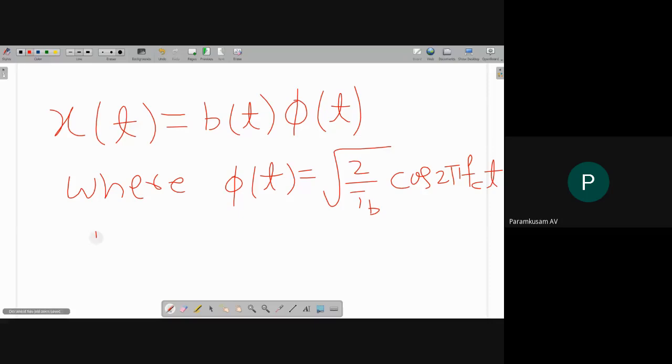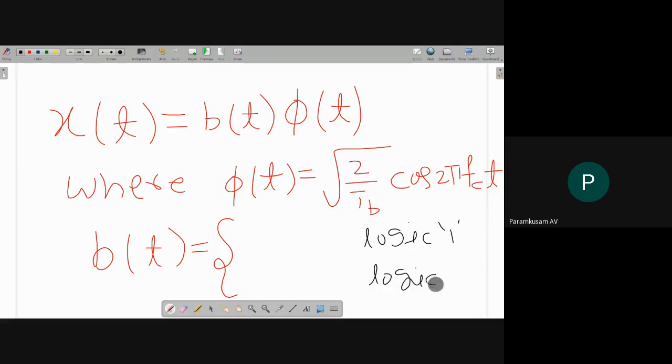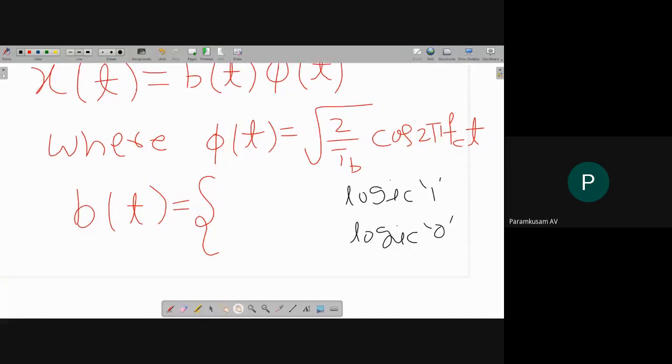Now can you tell me what is b of t? What is b of t when logic 1 is transmitted? What is b of t when logic 0 is transmitted? You know the expression of x of t, no?